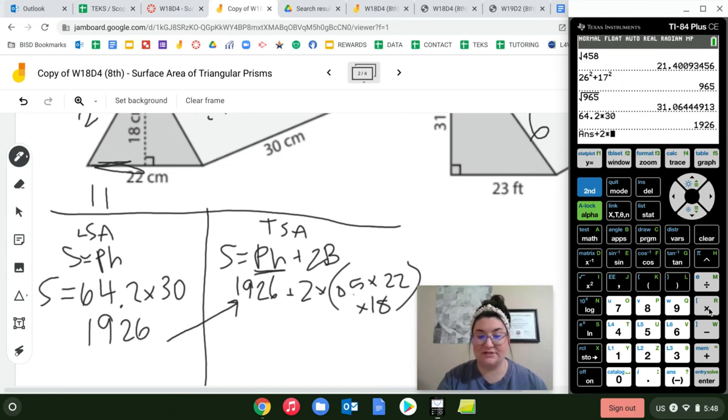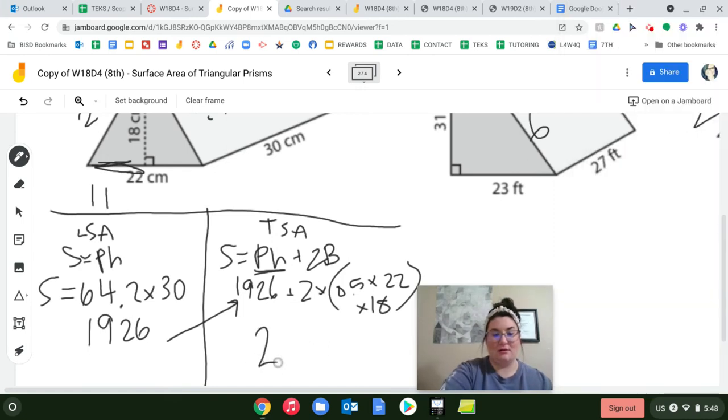And I know this is the first day. You might get stuck, but push through. It is hard. It is difficult. It is tedious. There's a lot of work to it, but you can do it. All right, there we have it. We have our lateral surface area and our total surface area.